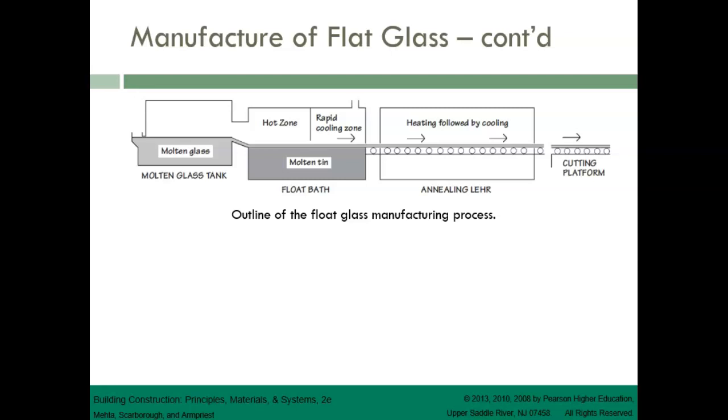It is then cut into desired lengths by automatic cutters, packed, and transported to its destination. The glass obtained from this process is called float glass, to distinguish it from sheet glass and plate glass, which were the two types of flat glass used before the discovery of the float glass manufacturing process.